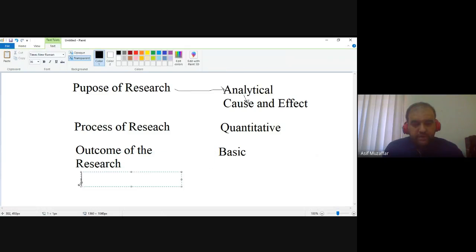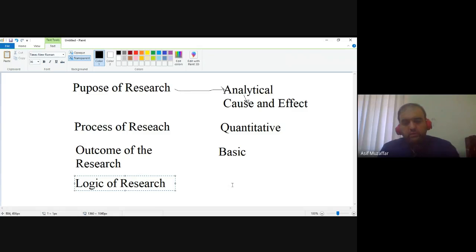So the last thing, I have to tell about the logic of the research. In the logic of the research, I must tell whether it is deductive or inductive. Now please tell me: if your purpose is analytical, your data is quantitative, obviously, and you have basic research with you, what do you think?